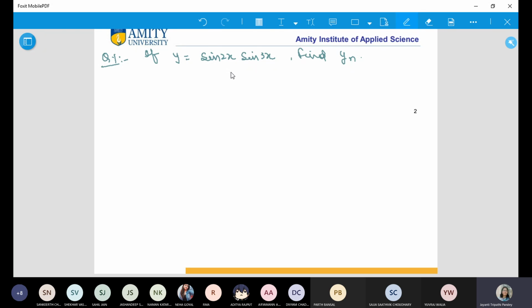Whenever you get this kind of question, it is visible directly from the question that the formulas we have discussed cannot be used directly. So we will try to convert it, as you used to do in integration. We have to shift it into the structured formula.